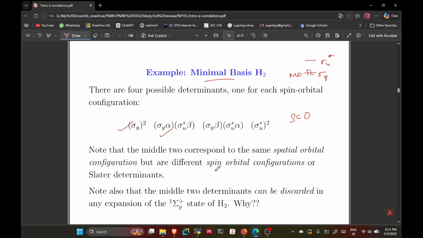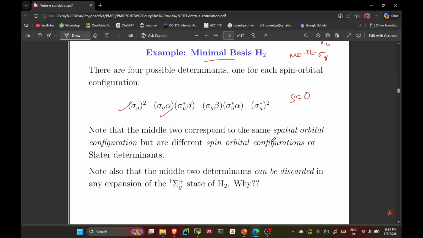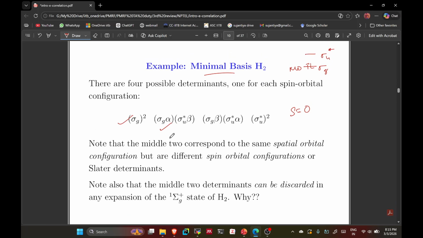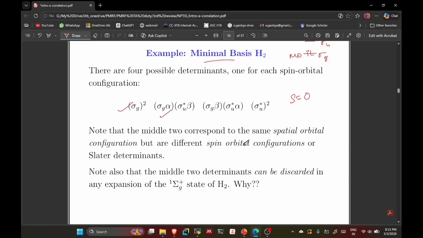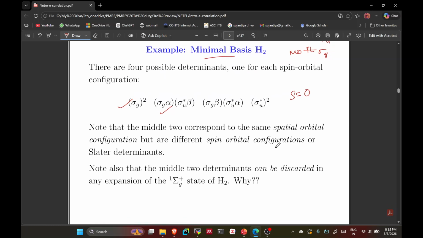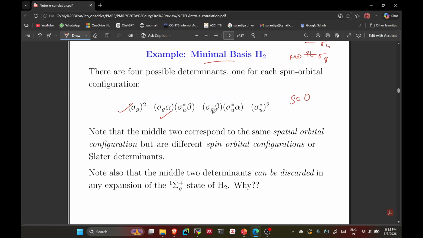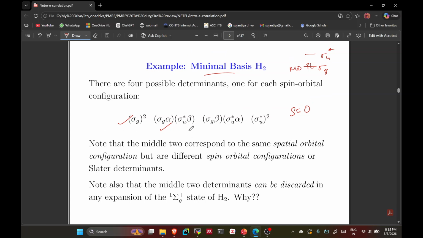Now note that the middle two correspond to the same spatial orbital configuration, but a different spin orbital configuration or Slater determinant. If you look at this carefully, this contains sigma g and sigma u, this also sigma g and sigma u.